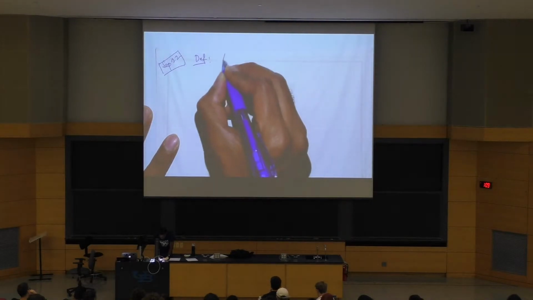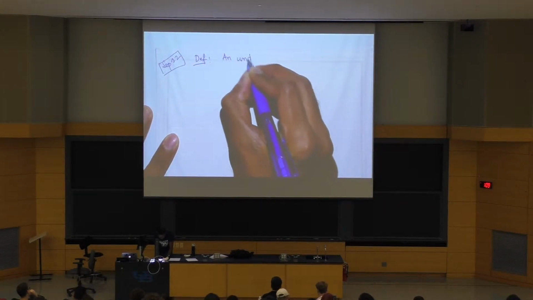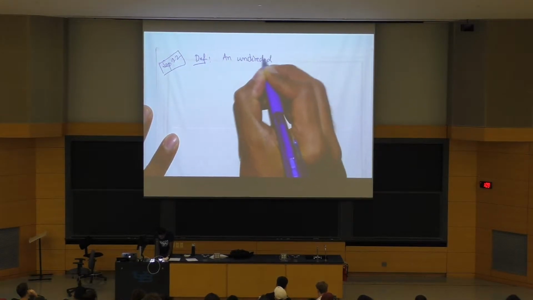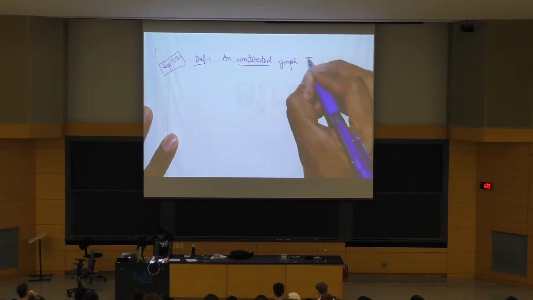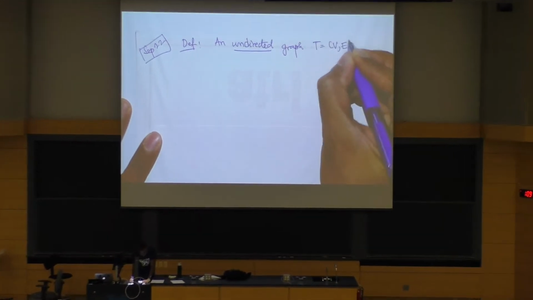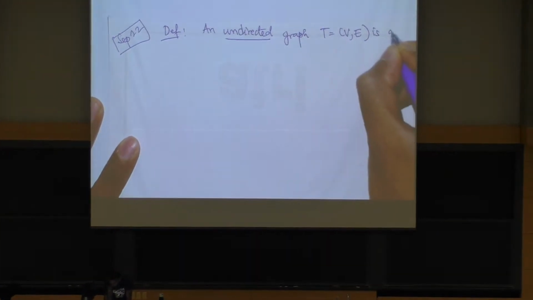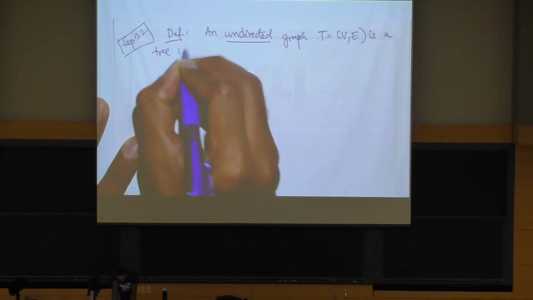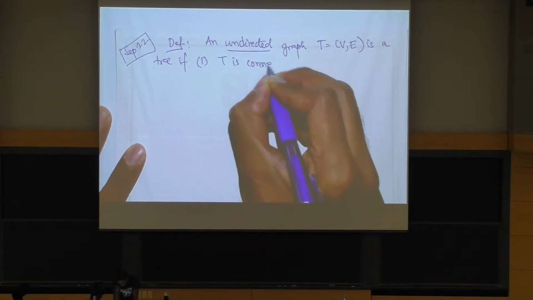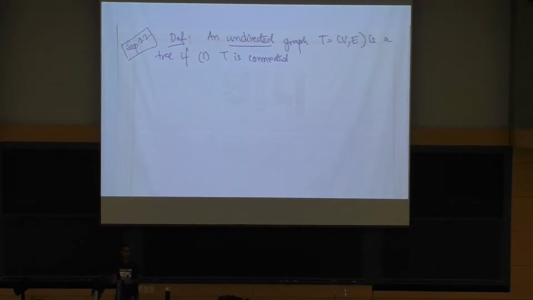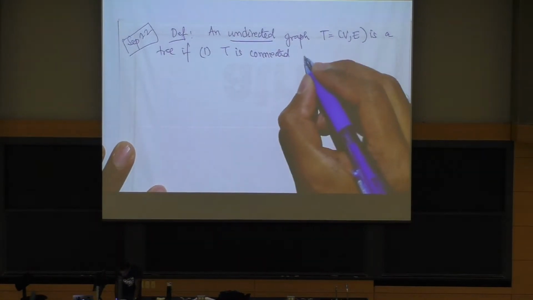So I'll repeat the definition of trees just in case you missed it. An undirected graph that I'll name T for tree is a tree if one, T is connected. Again, remember, connected means there is a path from every vertex to every other vertex in the graph.